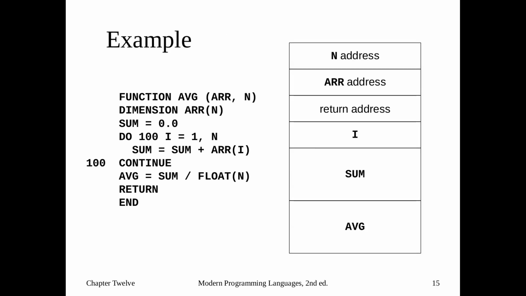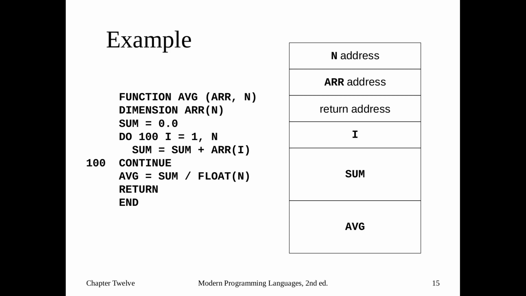So let's take, for example, this program, which appears to be possibly a Fortran program. We are creating a function that's going to take the average of an array. The first thing it's going to do is allocate the array with size n, and then we're going to set up a new variable called sum with an initial value of 0.